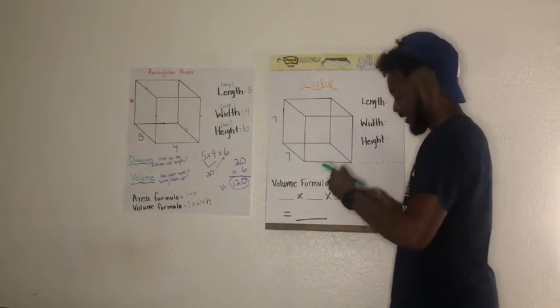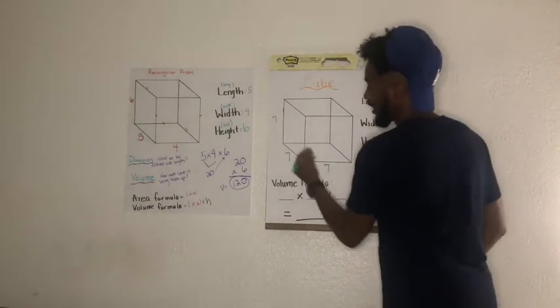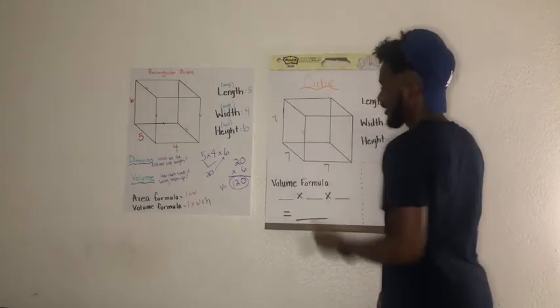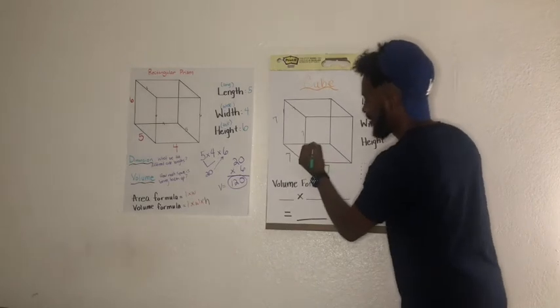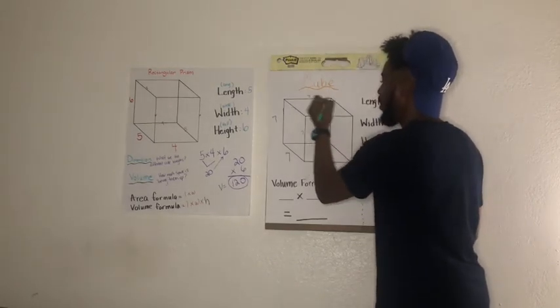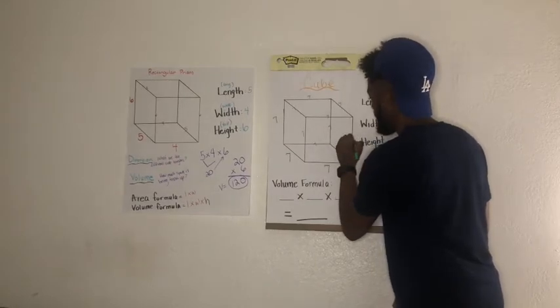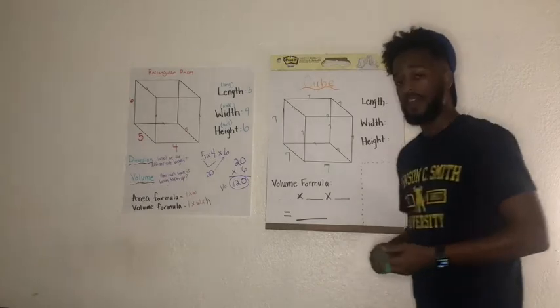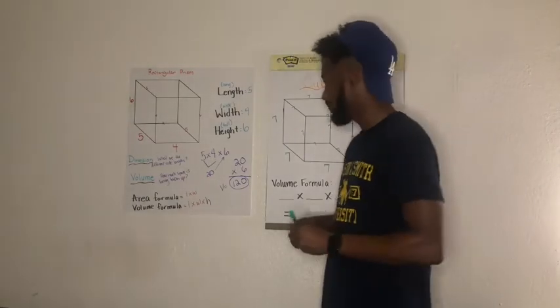So what this says, essentially, if this side is 7, this side is 7. If this side is 7, this side is 7. And you automatically know that all of the side lengths are 7, no matter what. And that is what's special about a cube, okay?